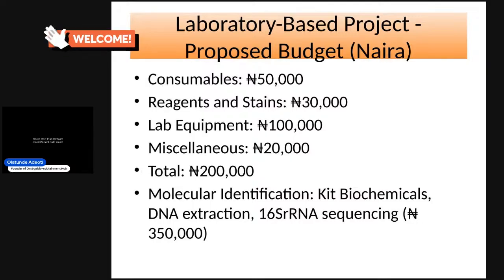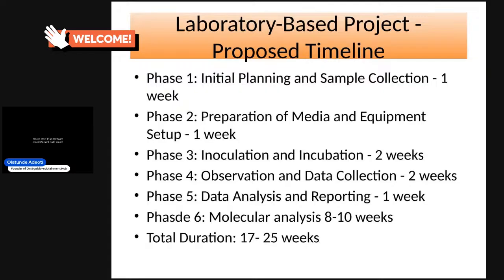And if you want to do molecular identification per isolate, you need nothing less than this. And as I told you, you need a minimum of 17 to 25 weeks if you are working on a laboratory-based project.